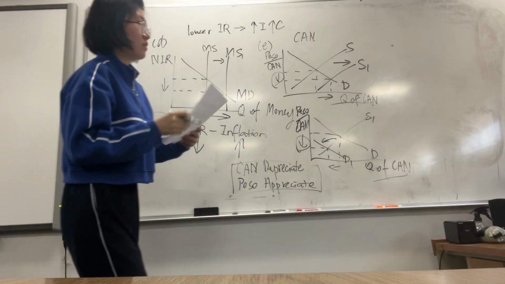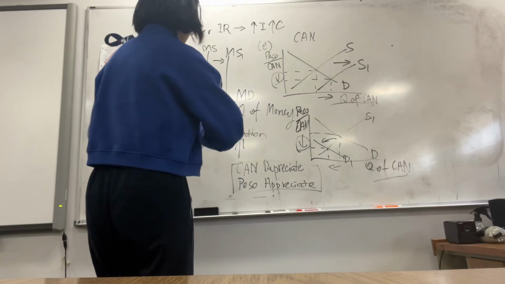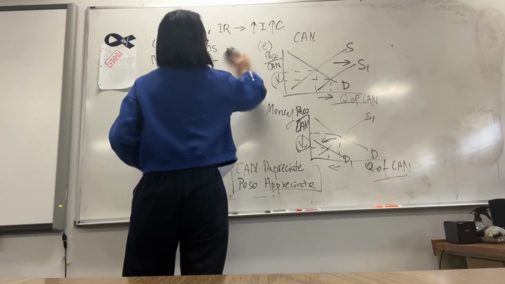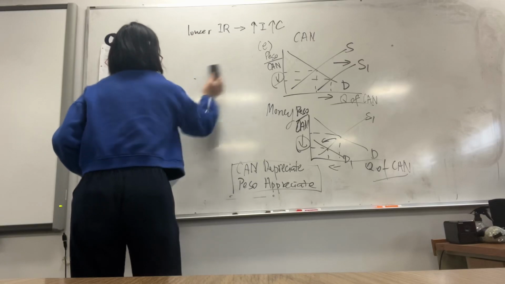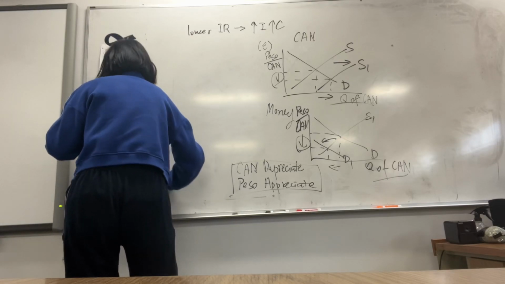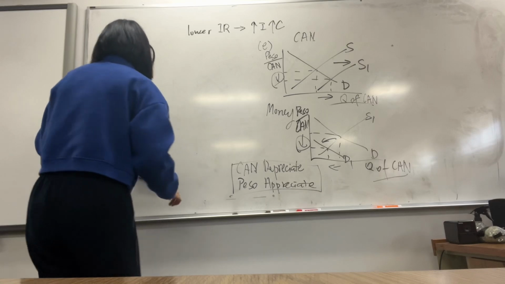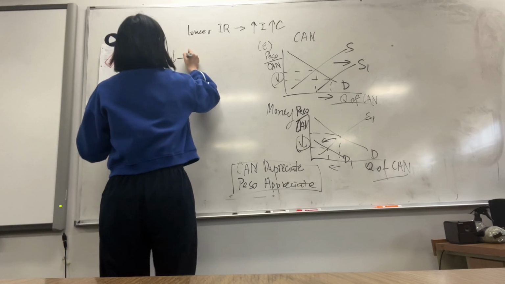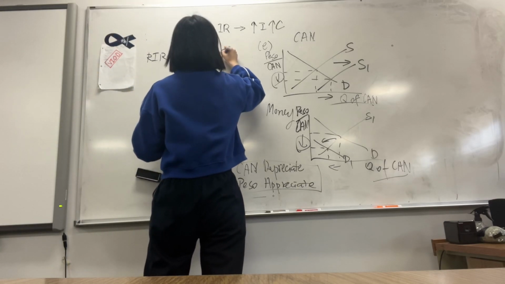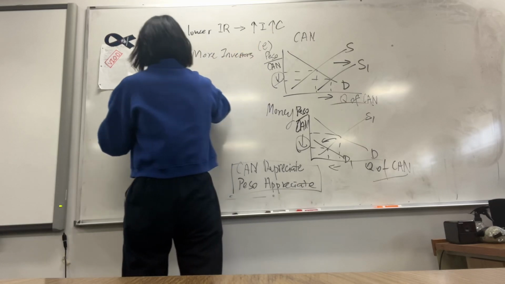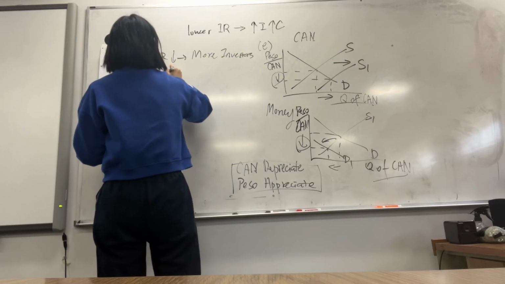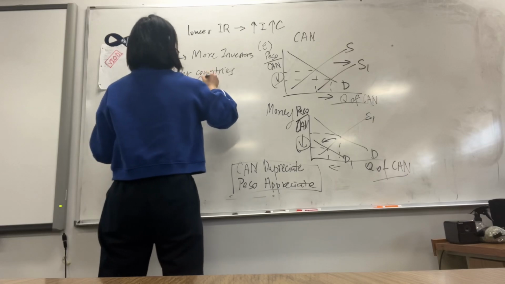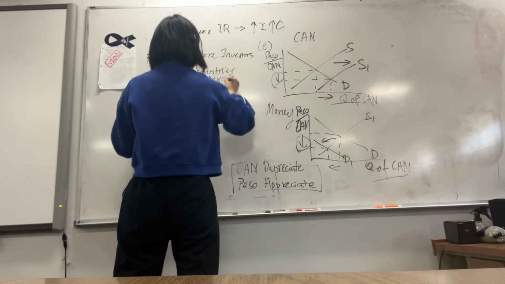And if you want to write the logical chain in here, let me clear out some more space. It didn't ask you to explain it, but if you want, you can say in here that the real interest rate is going to decrease, which means more investors are going to go to other countries. In this case, it just means Mexico. You don't have to think too complex in here.